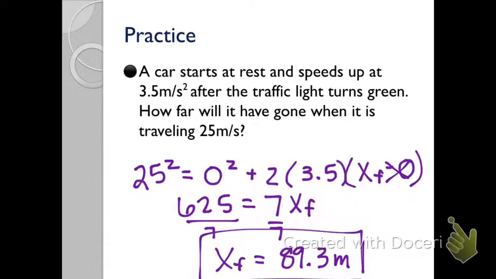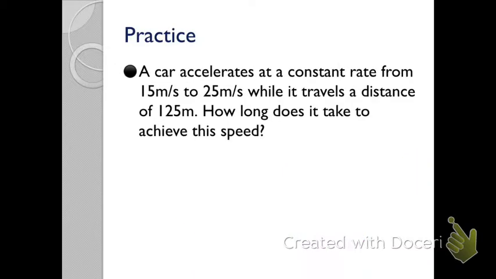Actually, there's two things that every equation has in it. It has initial velocity and it has what? Every equation has initial velocity and acceleration. Was acceleration given here? No. That means we have to solve for acceleration first, and then we can solve for time.